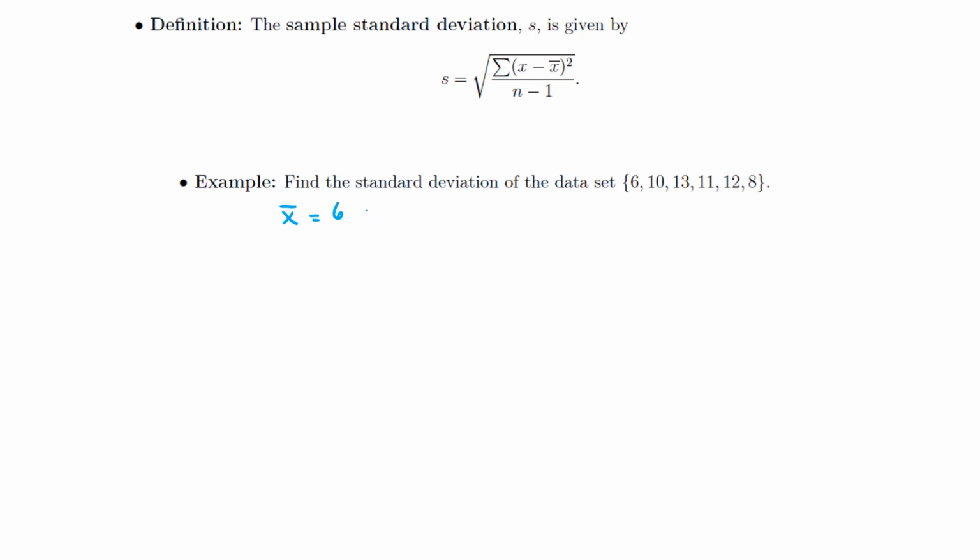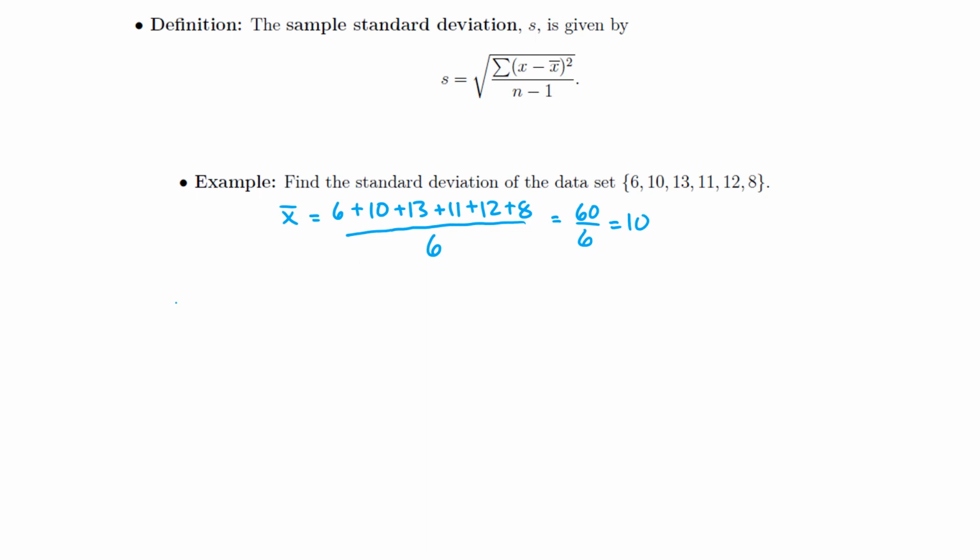So we have 6 plus 10 plus 13 plus 11 plus 12 plus 8, all over 6, which gives me 60 over 6, which gives me 10. So my sample mean is 10.